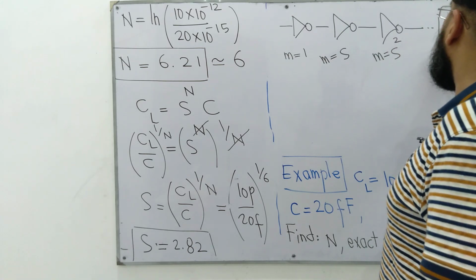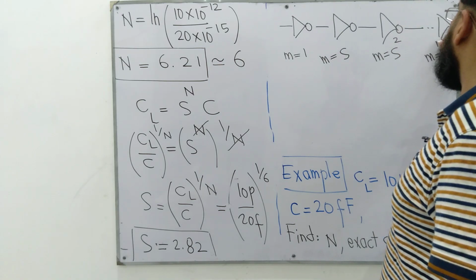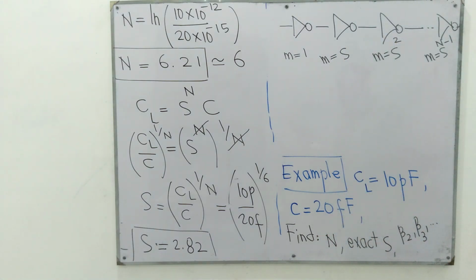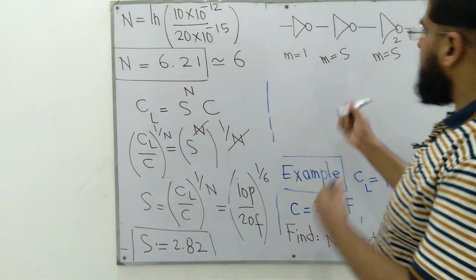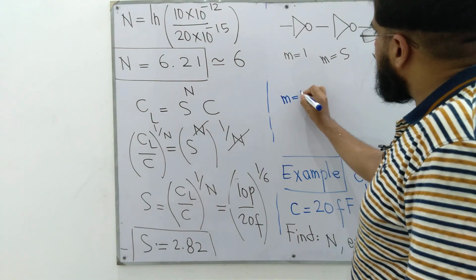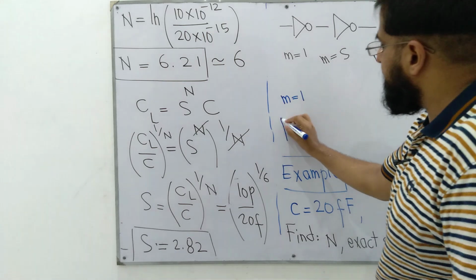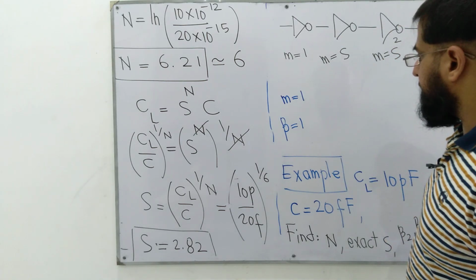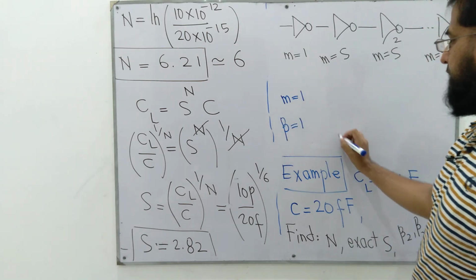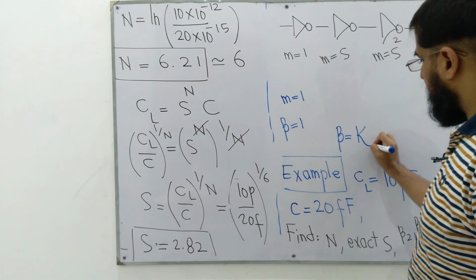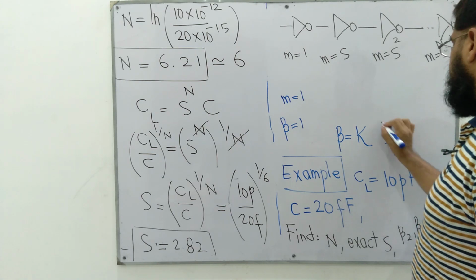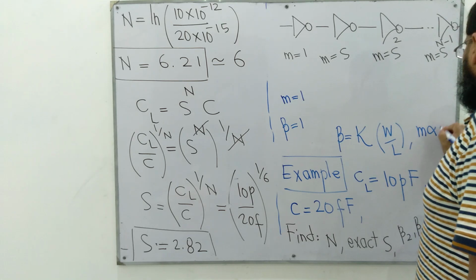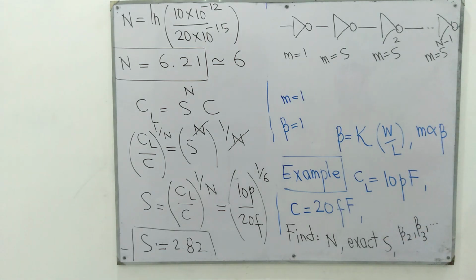This is s squared, and for the last, this is s to the n minus 1. So what are the new scaling factors? Beta is proportional to m, because m is directly proportional to aspect ratio, and we know that beta is kappa times aspect ratio. So m is directly proportional to beta.